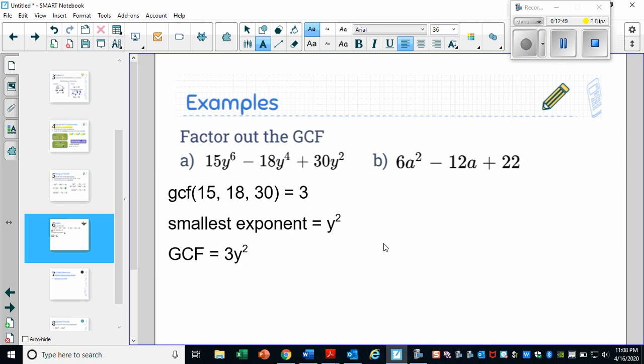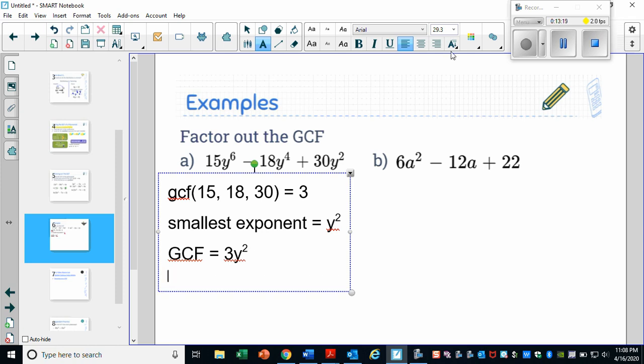So that's your GCF, but now you need to divide each and every term: 15y to the 6th minus 18y to the 4th plus 30y squared. You need to divide it by 3y squared. And then you would do your division.